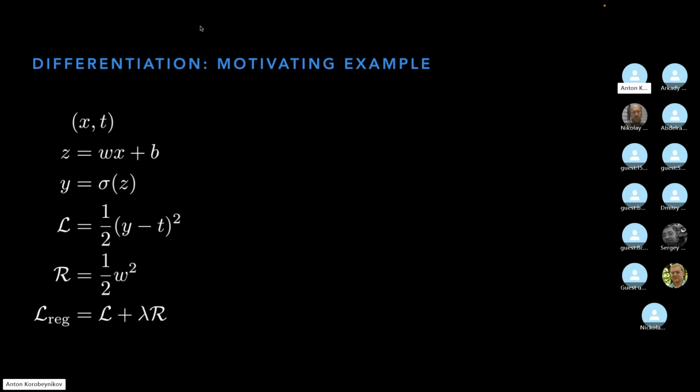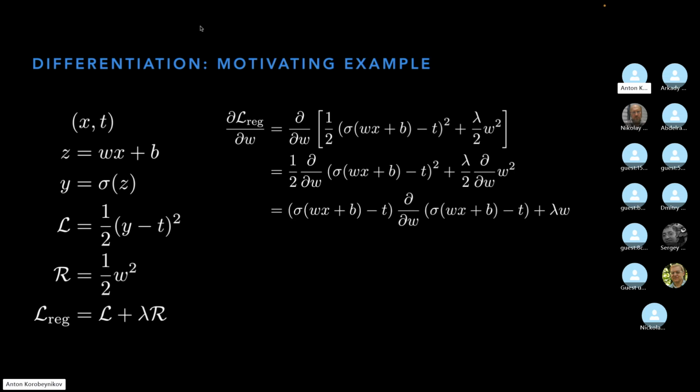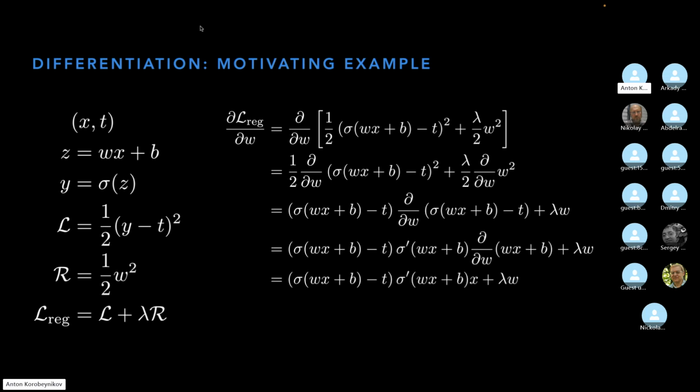If we tried to do the school-level gradient, the school-level partial derivative calculation, we would need to remember all those rules, chain rules, and essentially see that it's a composition of different functions. So we need to calculate the derivatives of complex functions using the chain rule here and there.